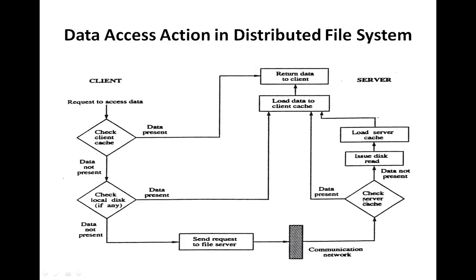If it is available in the server cache, it will load it into the client cache. But if it is not even available in the server cache, it will go and check its disk. And once it is available on the disk, first it is loaded into the server cache, then it is loaded into the client's cache, and then the data will be available to the client. So in this way, the accessing of data takes place in the distributed system.